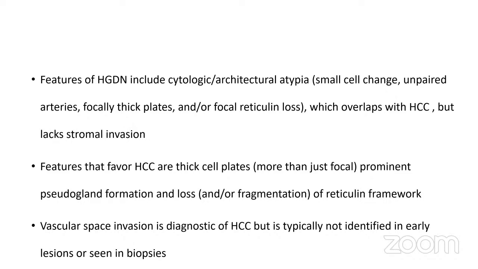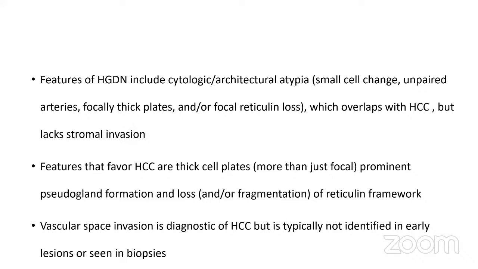You'll see cytologic atypia and/or architectural atypia. By cytologic atypia, we mean small cell change, which would mean higher N:C ratio, unpaired arteries, focally thickened plates, and/or focal reticulin loss, and all these features would overlap with HCC, but these would not demonstrate stromal invasion.